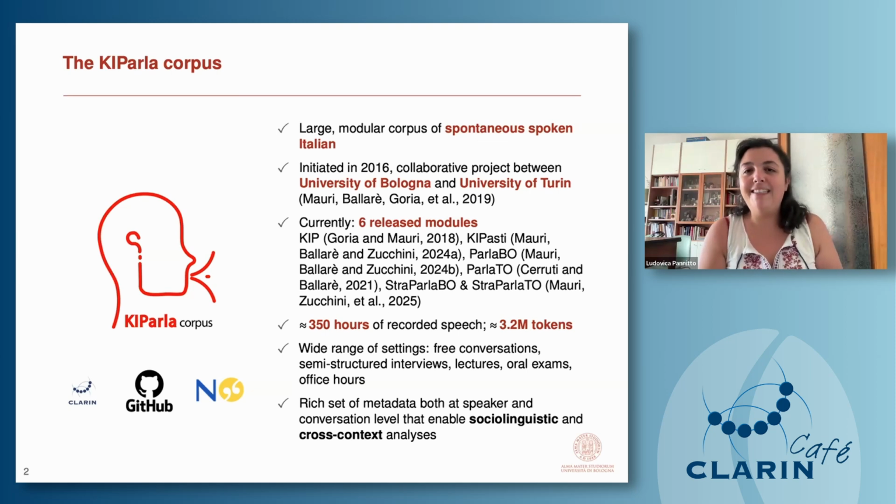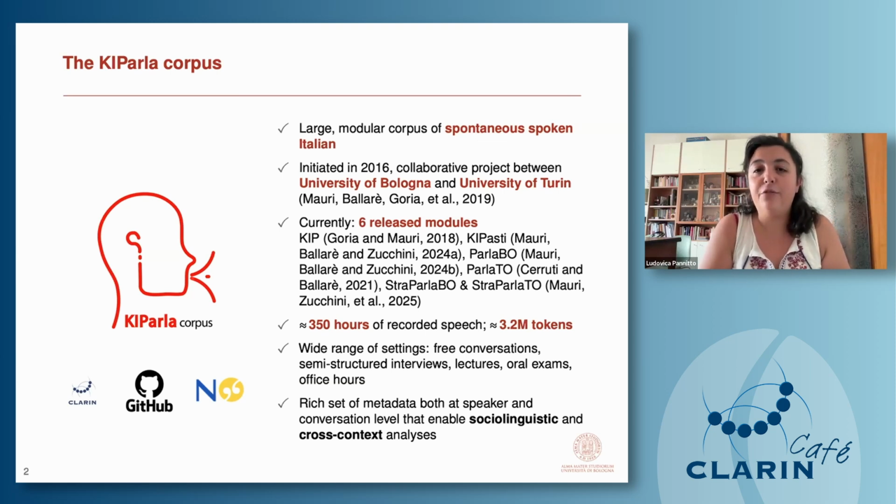So the KIParla is a quite large and modular corpus of spontaneous spoken Italian. It started in 2016 as a collaborative project between Bologna and Turin, and it is really not meant to have an end ever, because it's meant as a reference corpus.